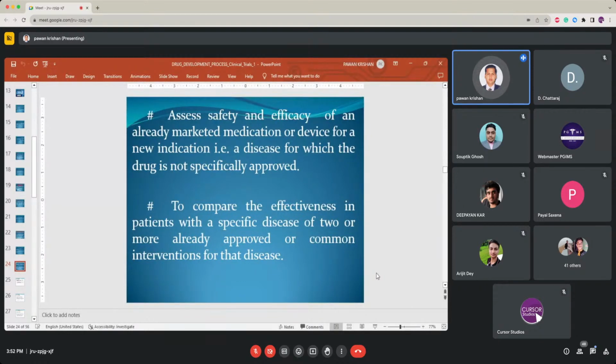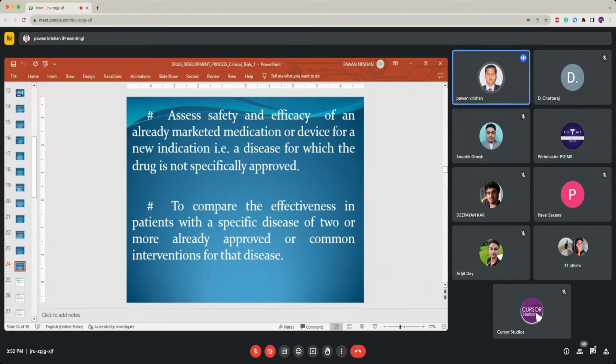It is approved for a particular disease, but if you propose that it may be beneficial in another disease, again that has to be established by conducting a clinical trial. The efficacy and safety has to be established in the other disease.